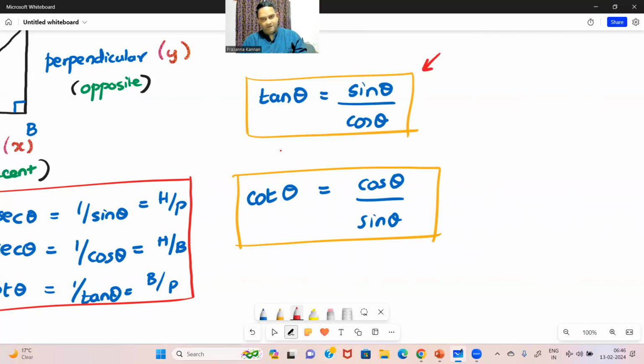Similarly, this proof is not a big deal. Cos theta is nothing but base by hypotenuse, and sine theta is perpendicular by hypotenuse. These two will cancel, and you will get base by perpendicular, which is nothing but cot theta.